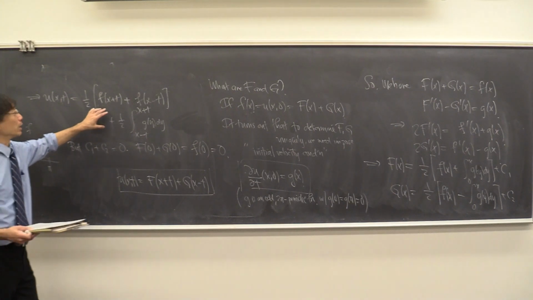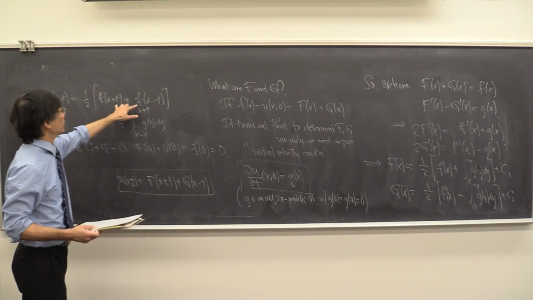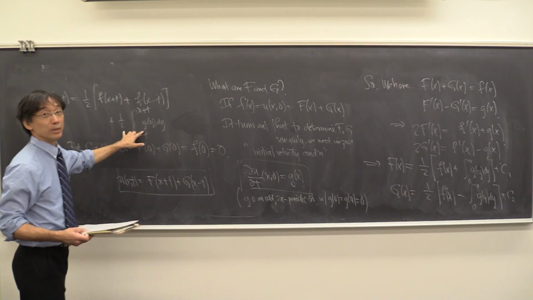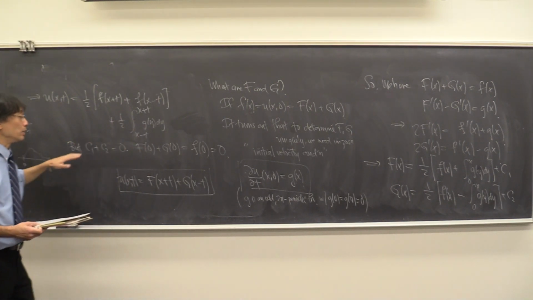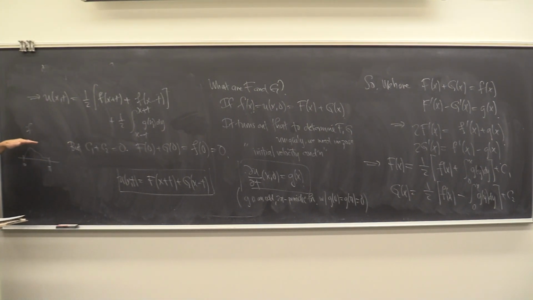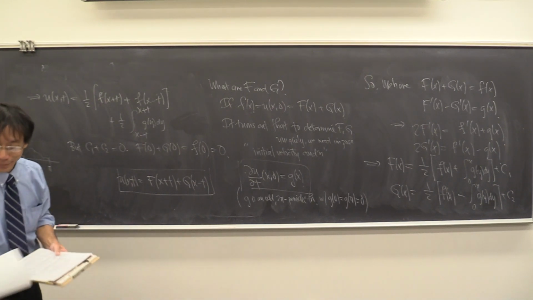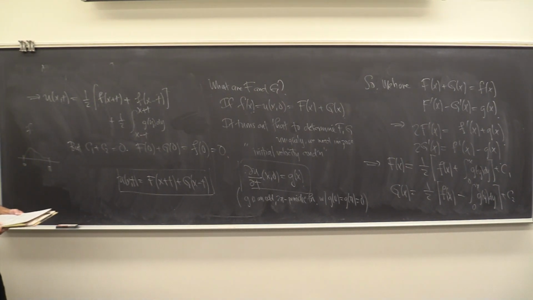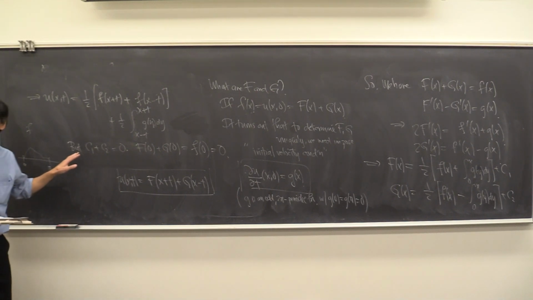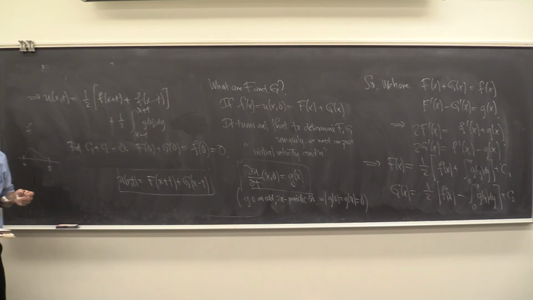The solution is going to be a combination of these two opposing waves plus this thing. Okay. So this is D'Alembert's solution for the wave equation on the interval 0 pi. Any questions?